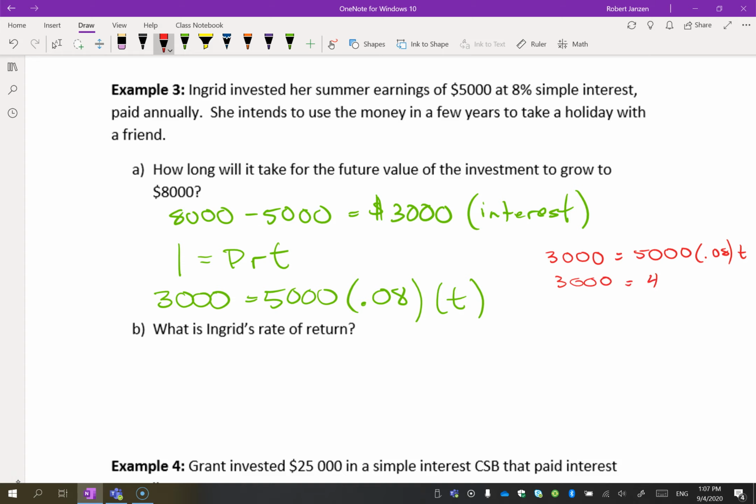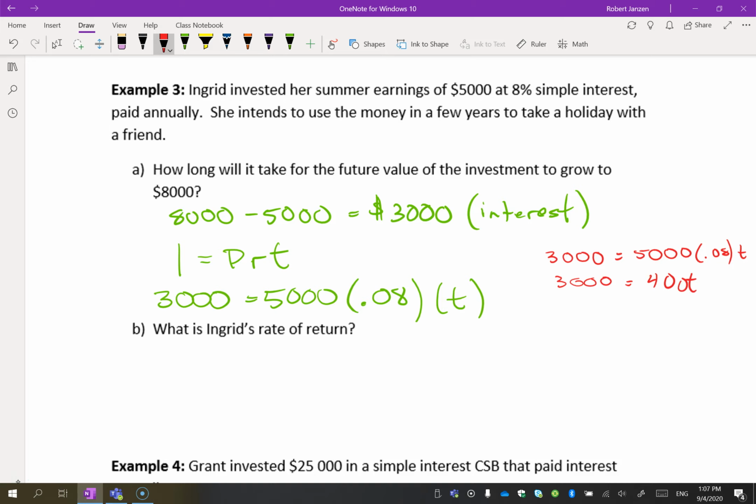I believe that's going to be 40. Let's just check that with a calculator. 5,000 times 0.08, 400. Good thing I checked. 400 t, and then if I want t by itself, I'm going to divide by 400.